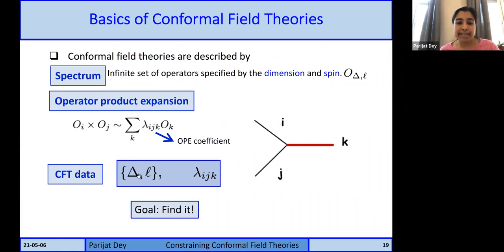These numbers, delta and lambda for a given spin, are known as the CFT data. The physical information about the phase transition is encoded in this CFT data. If we can compute all of this CFT data, we can completely fix the theory. So our goal is to find the CFT data.